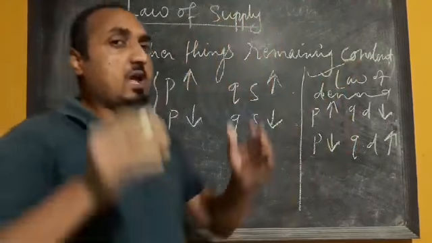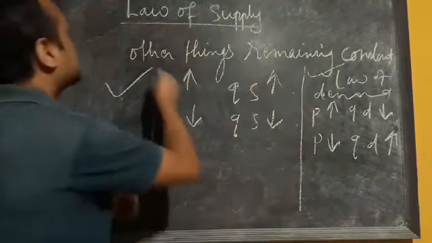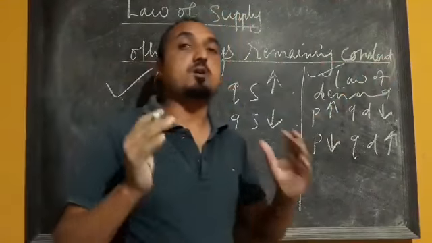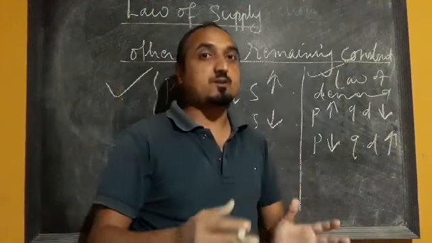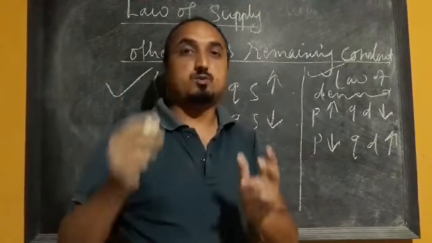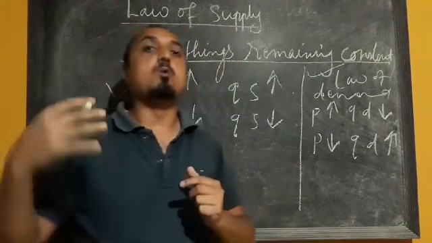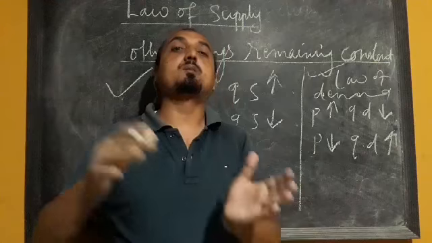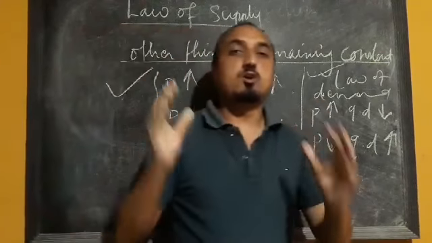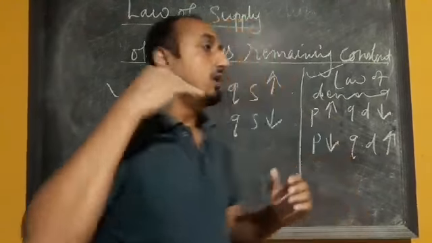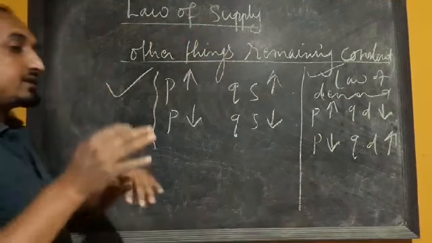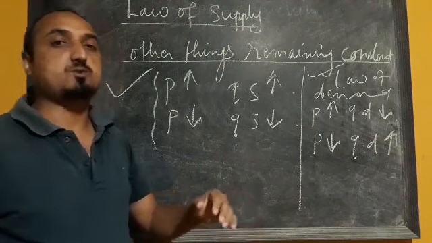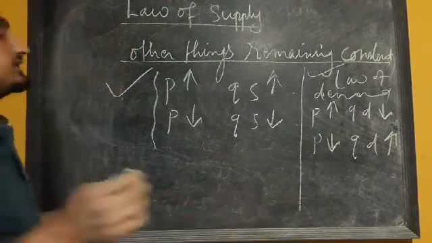Now, another thing that we need to understand is other things remaining constant. So what are the things that remain constant here? We have done the various determinants of supply. Except the price of a commodity, whatever other determinants there are will remain constant. We have to keep those constant, otherwise the law of supply will not be valid. So what are those other determinants?